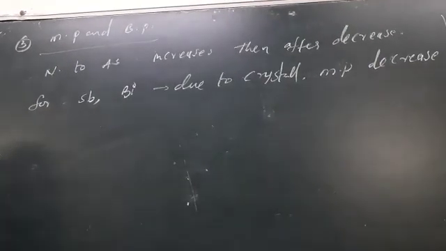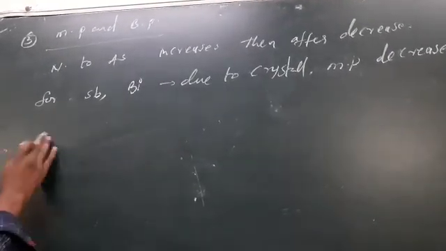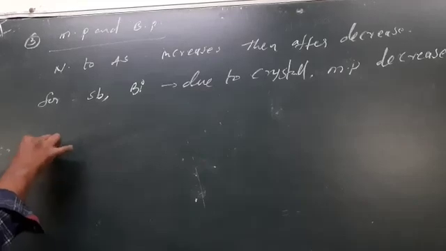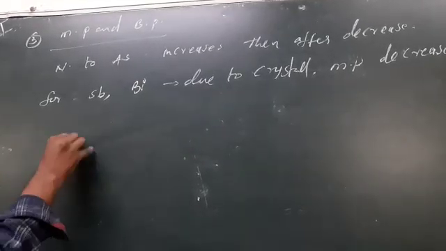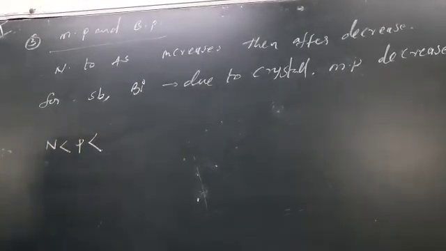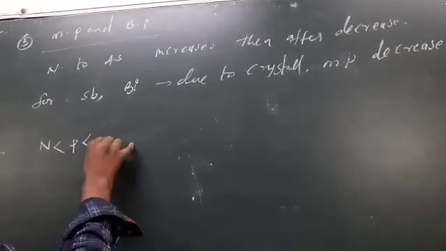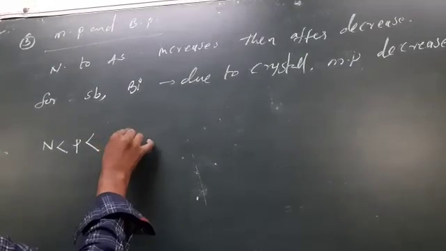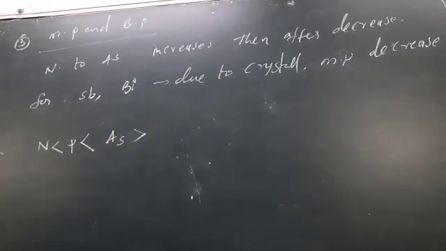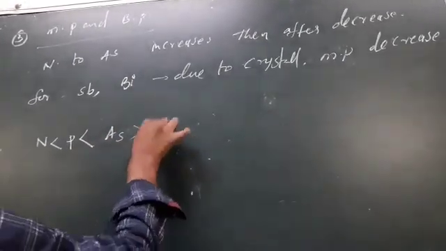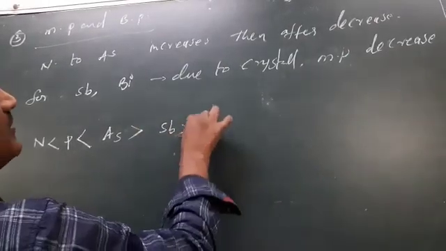Next, here you see the order: nitrogen is less than phosphorus, then arsenic is greater than antimony, which is greater than bismuth.